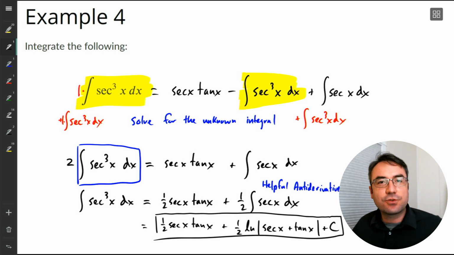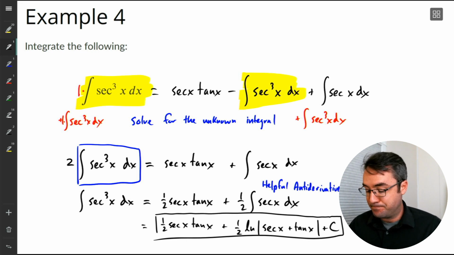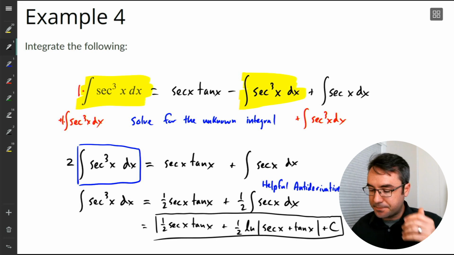So sometimes you have to try just different things, and eventually you'll simplify or manipulate things enough where you'll get to a point where you have something that you recognize. So you have something like the integral of secant, or you have something like the integral of tangent. Something that's still a little tricky to do, but you know what it is.